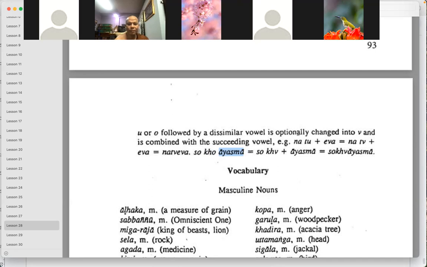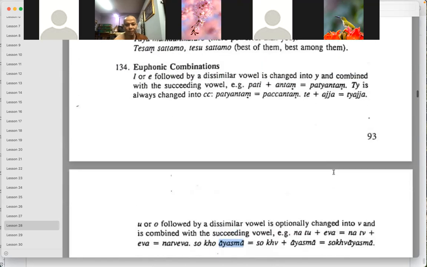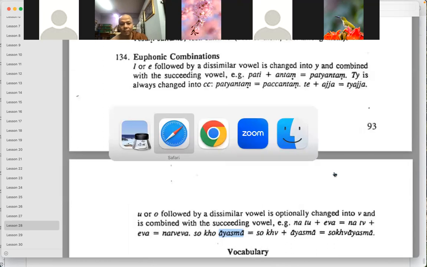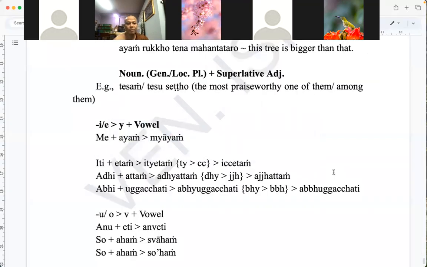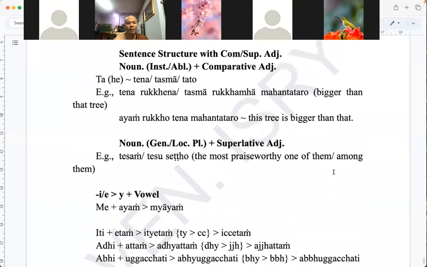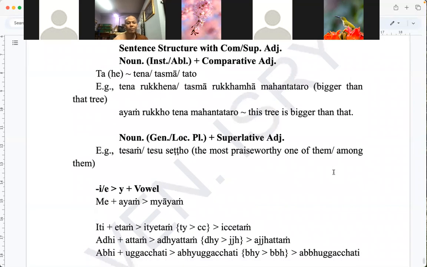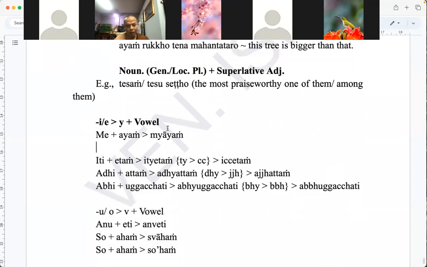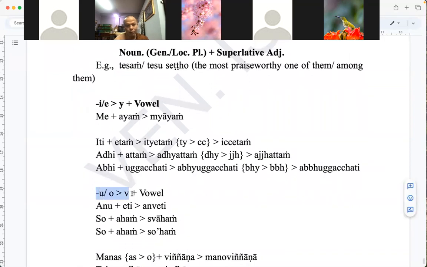Good evening, Bante. I'm just wondering for the euphonic combination, there's this so hung. Is there any explanation for the long A? That is just long. Here I focus on the changing, u or to u or to the wa or something.